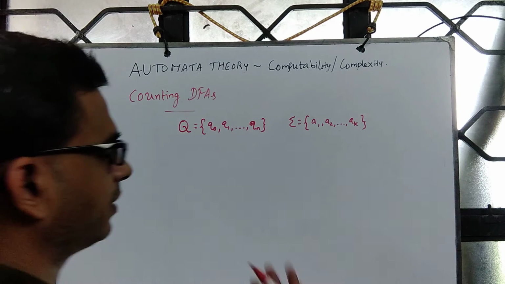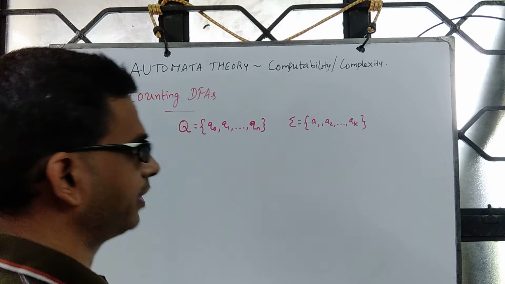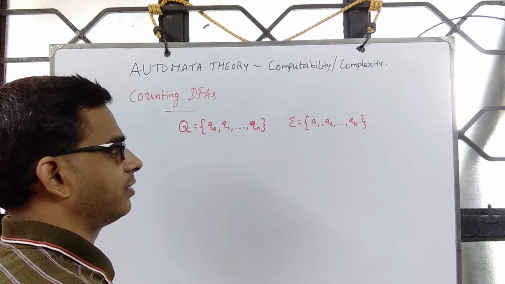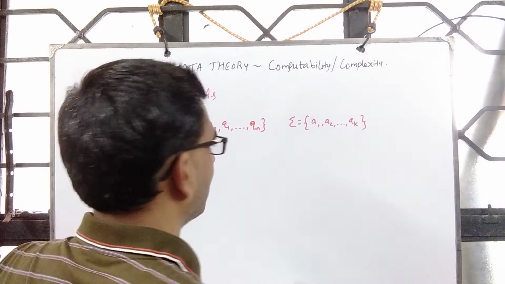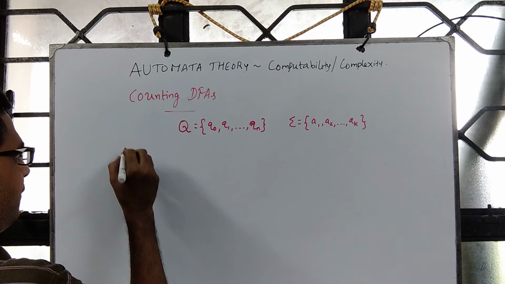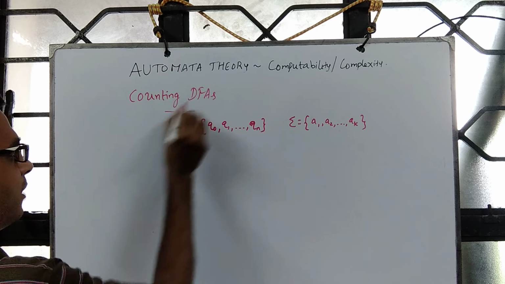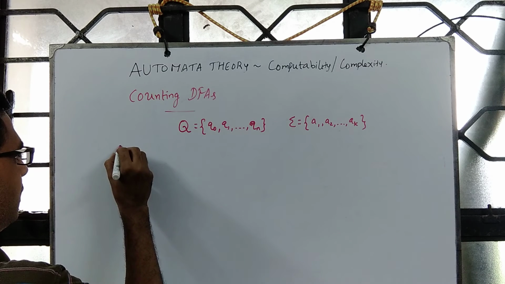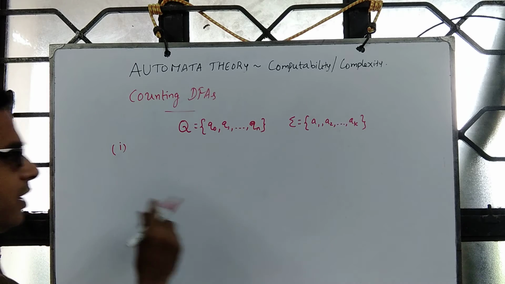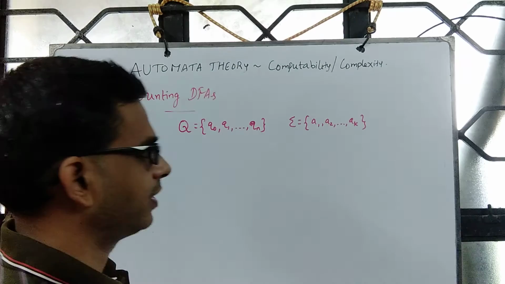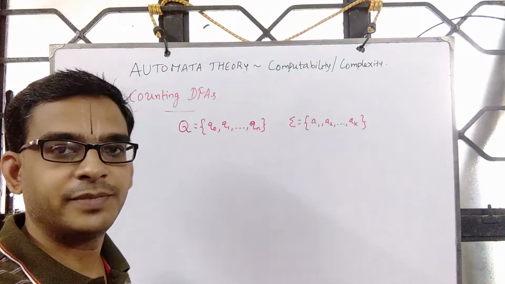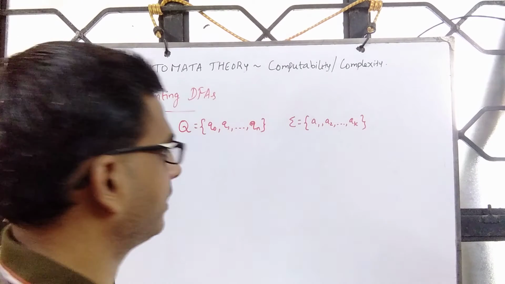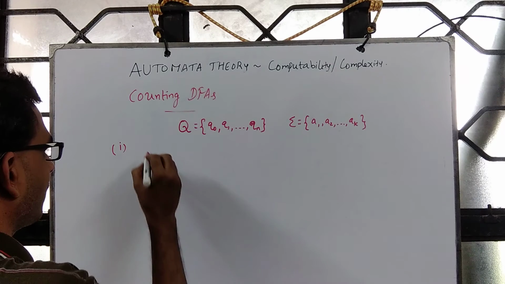We can have any number of symbols, 0, 1, 2, dollar, things like that. So what is that we are interested in? We are interested in counting number of DFAs. The first counting, just like the way we did counting for those 2 examples, let's build on the similar line.